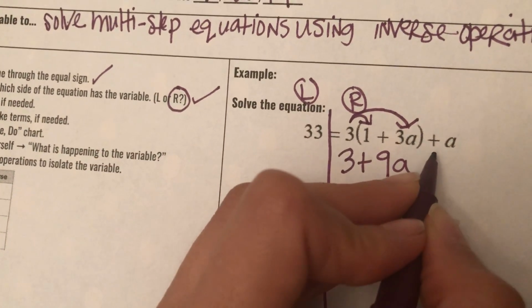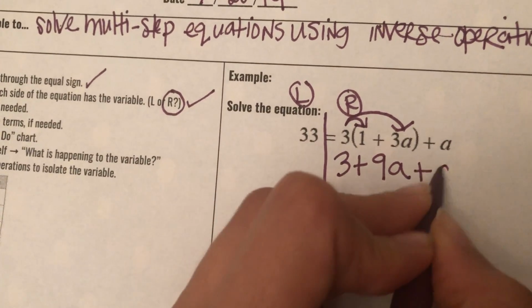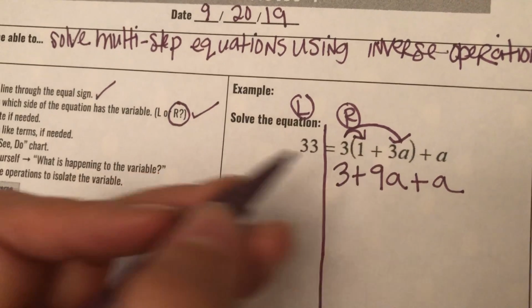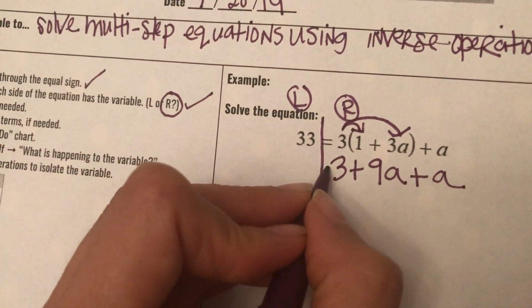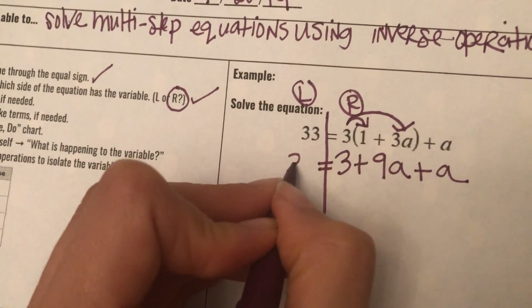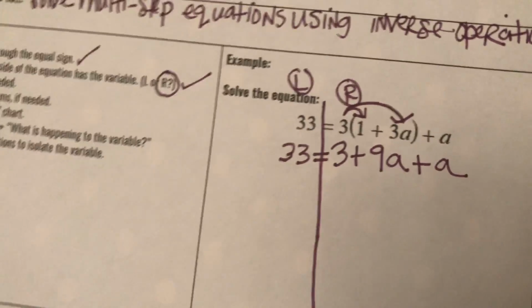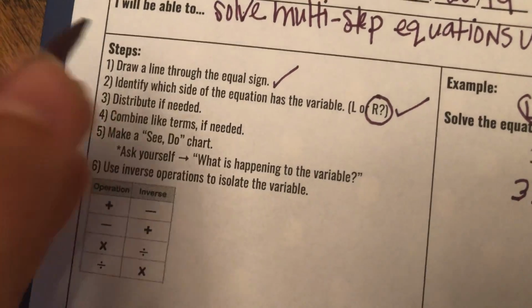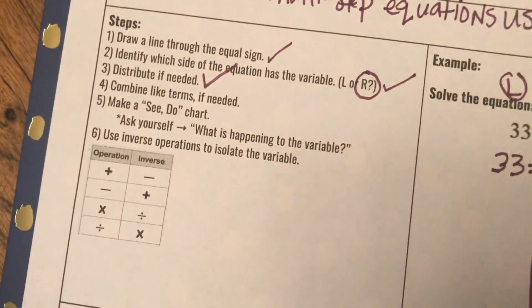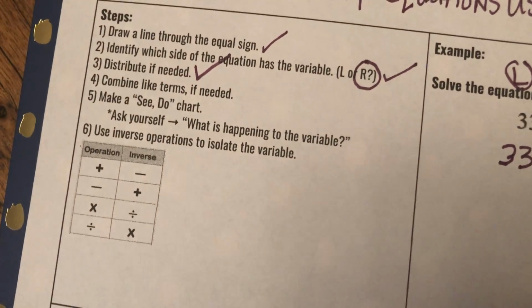I'm now going to drop down my plus a, and I'm going to finish writing my entire equation. So I'll drop my equal sign, and I'm going to drop 33 on the left side. So now that I go back to my steps, step 3 is completed. I have distributed on the right side.